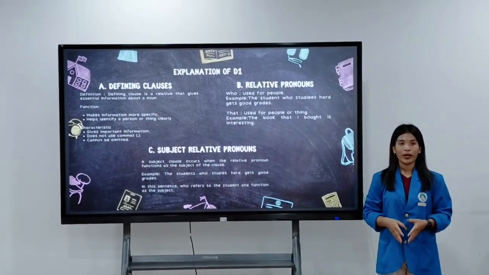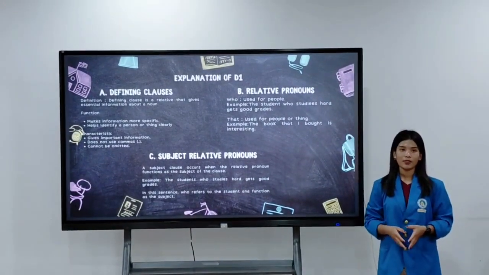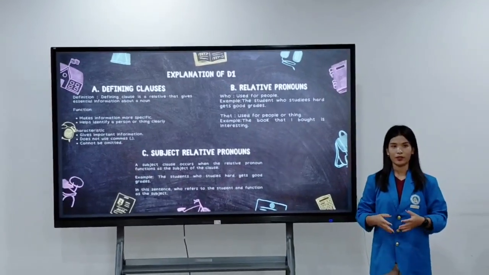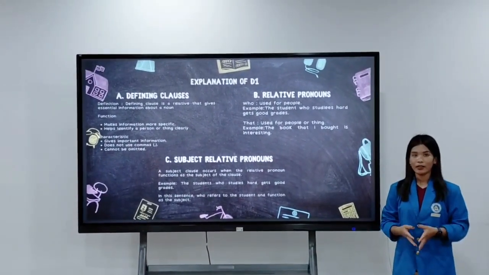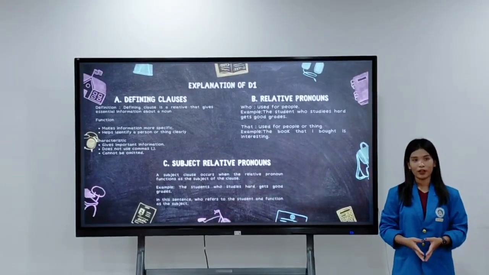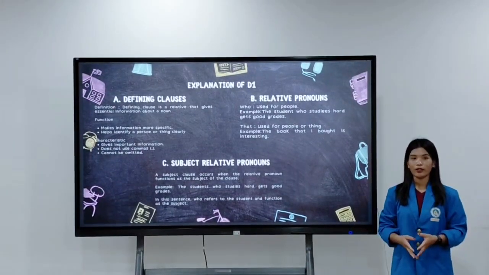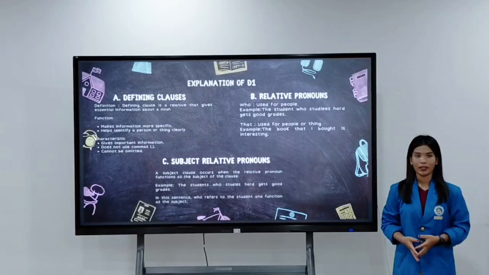It has two main functions. First, it makes the information much more specific. Second, it helps us clearly identify exactly which person or thing we are talking about, so there's no confusion.